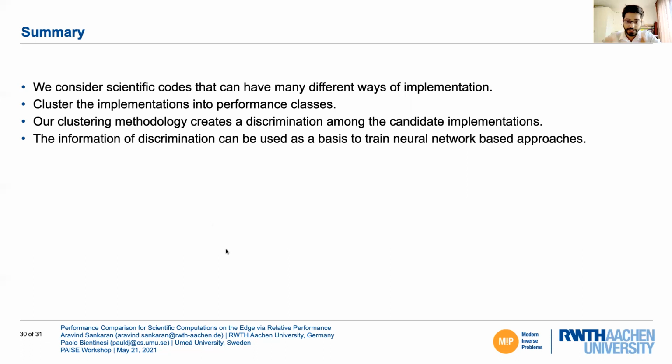And if we follow the measurement-based strategy for the autonomous cars example, where the network strengths are changing, it's not possible to measure all possible scenarios, all possible network strengths by this measurement strategy. So what we can do is use a neural network to learn the sensitivity of our cluster table to the changes in the network speed, and then extrapolate the table without running the experiment. So this is just one application we quote as an example, but overall the takeaway is this methodology can be used as a basis for many other applications.